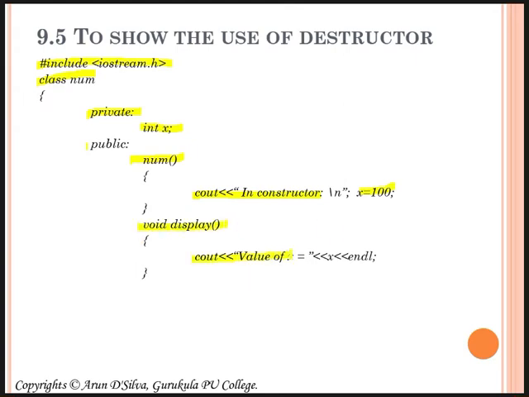The display function shows the value of x, that is, whatever initialized value is there. And I have created a destructor with the tilde symbol and the same class name, num(), with the message "in destructor". So whenever the destructor is invoked by the compiler, this message will be displayed on the screen.